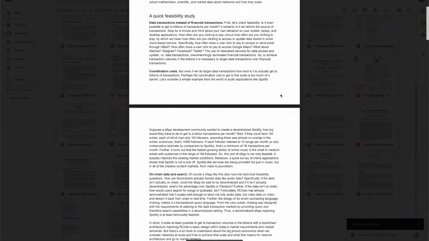Let's run some examples. Are you clicking to pay when you use Gmail? What about Google Maps, WeChat, Telegram, Facebook, Twitter? These are all examples of networked services for which the data access and update transactions overwhelmingly dominate the financial transactions in number, right?